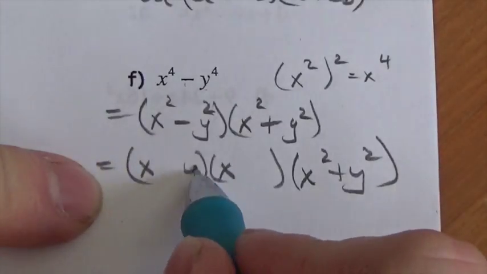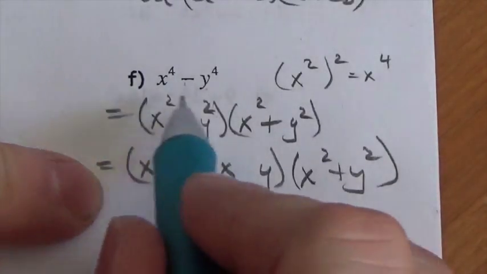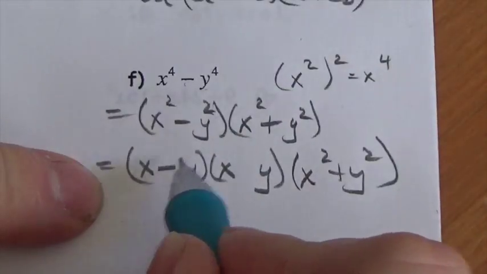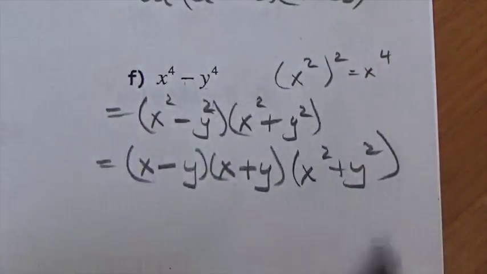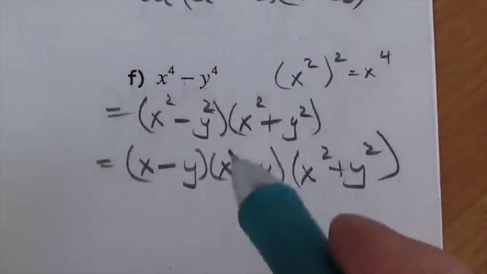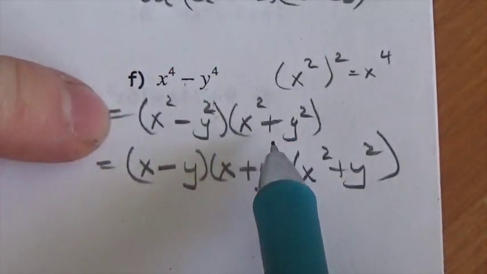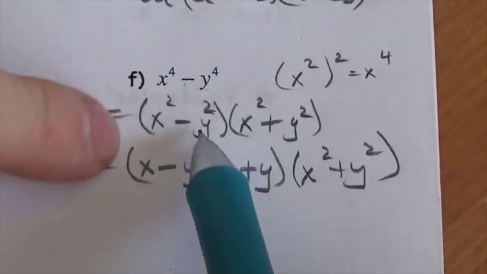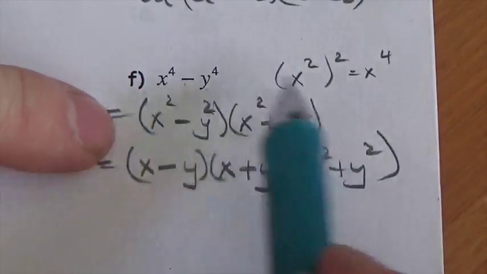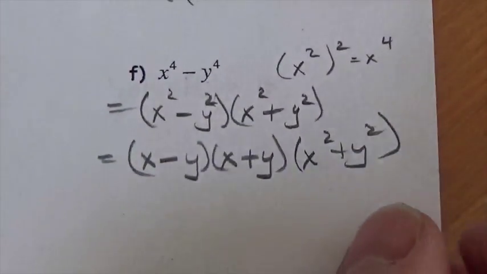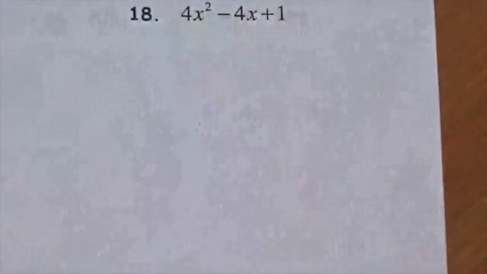The square root of y squared is y. This little guy right here is a difference of squares. This becomes negative and positive in there. So it's a little bit more factoring. This is what we would call a nested difference of squares, because after your first little bit of factoring, there's another one that's sitting inside, or nested inside, that factoring. Okay, good. Let's keep going.